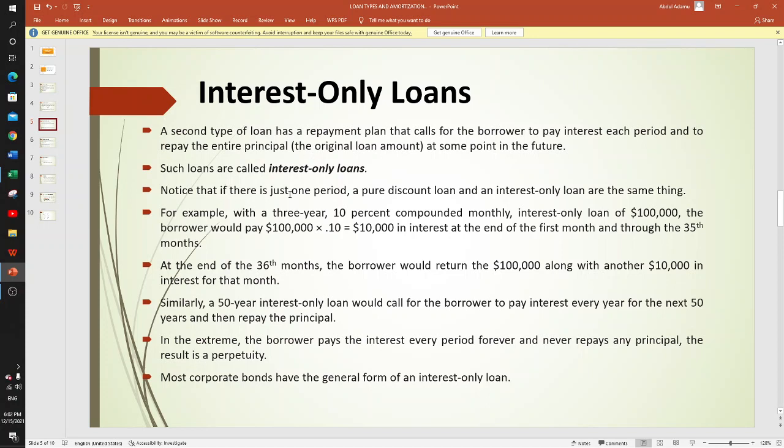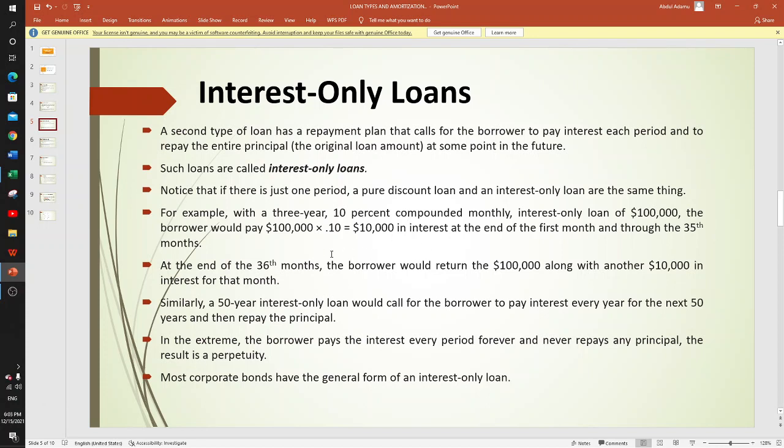So notice that if it is only one period, then the interest only loan and the pure discount loan are the same. So for example, a 3 year, 10% compounded monthly interest loan of 100,000. The borrower will pay 10,000 in interest at the end of first month. Then at the end of second month, they will also pay 10,000.